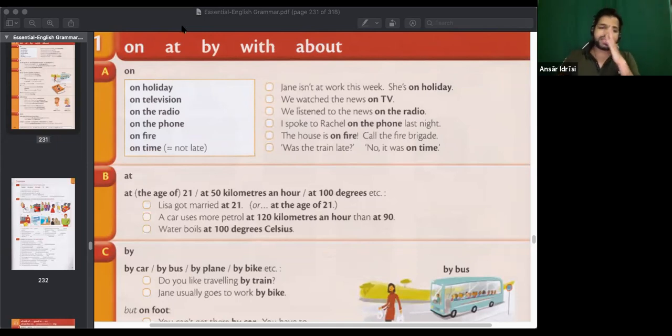Now, as you can see, we have just learned when to use in, on, and at. Now we're going to have some of the great features that are going to help us a lot to understand when to use in, on, and at, particularly in English.